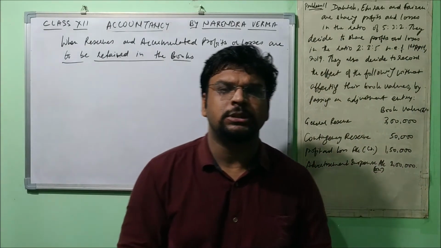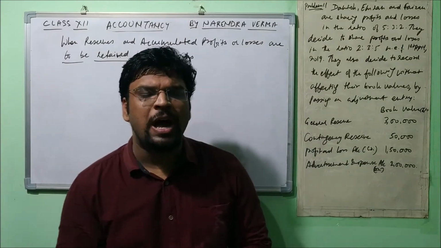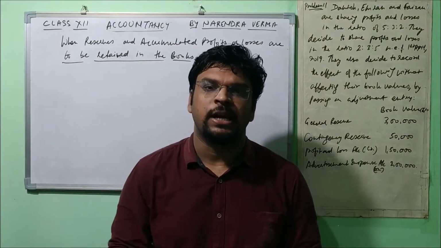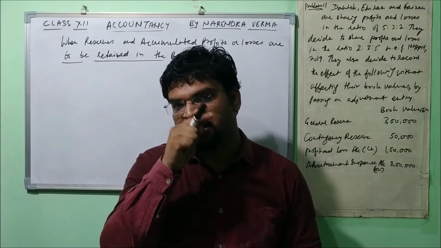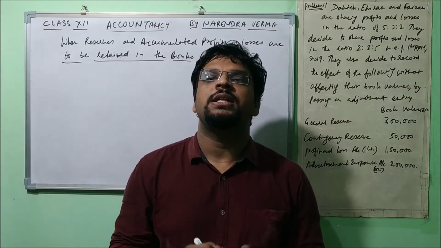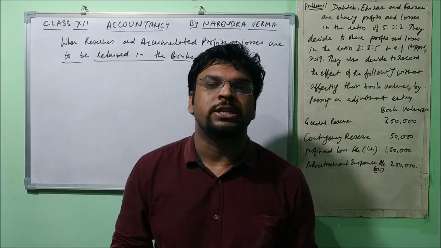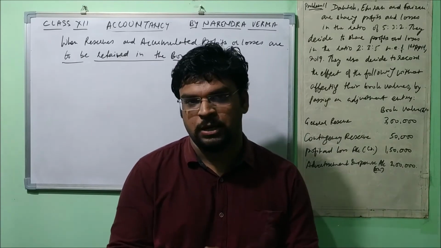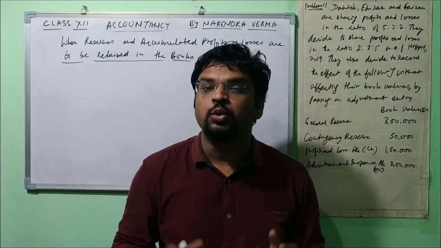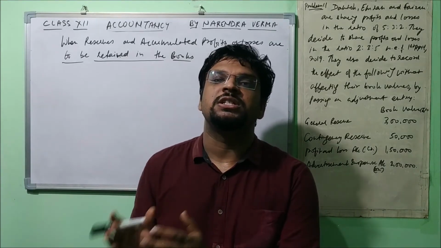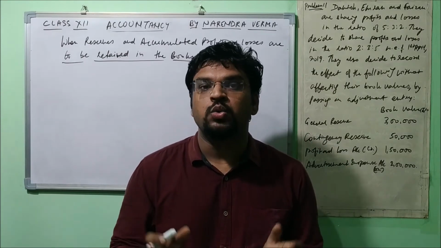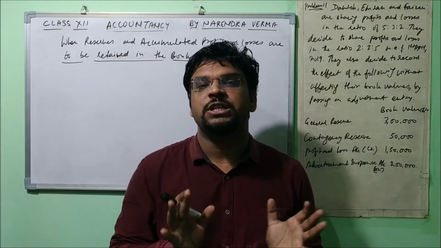Sometimes what happens, the partners who have decided to change their profit sharing ratio from a particular date, they also decide that they would like to maintain their reserves, profits or losses at the same values in the new balance sheet as well, right? They do not want to do the distribution of these reserves, profits or losses, right? They just want to retain them at the previous values.